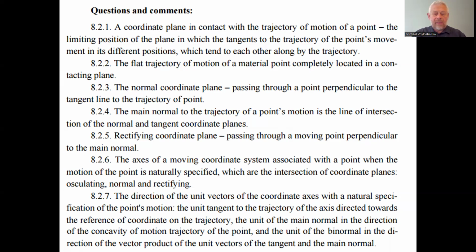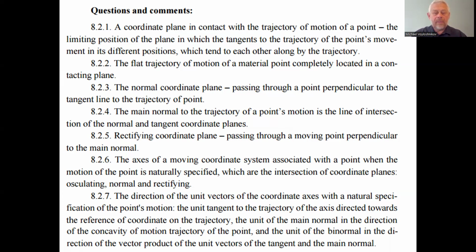So if we tend the length of the arc of the motion of the point M along the trajectory to zero, having the directions of the tangential axis and the point of the motion of the point M, the limiting position of the plane which covers the two directions is the so-called osculating plane for the point of the motion trajectory.